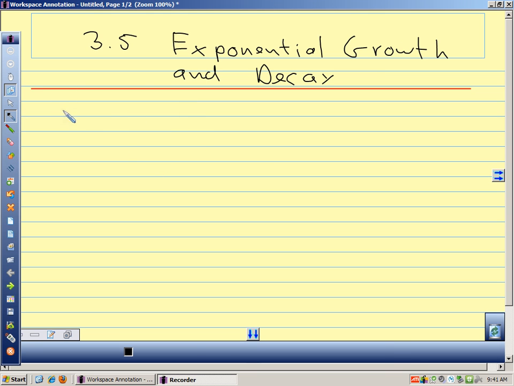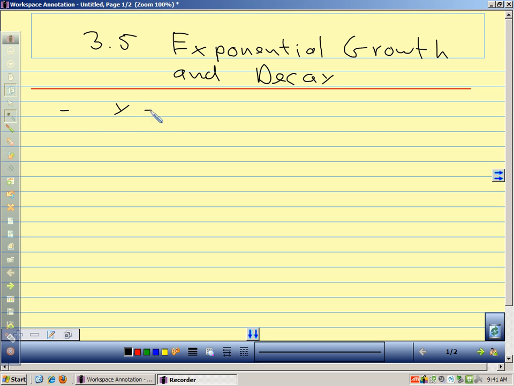We're either going to be working with y equals a e to the bx, where b is greater than 0, and this is going to be our exponential growth. What's greater than 0? Sorry, b. So our exponent is going to be positive when we have exponential growth.